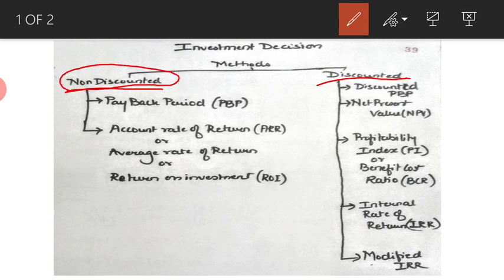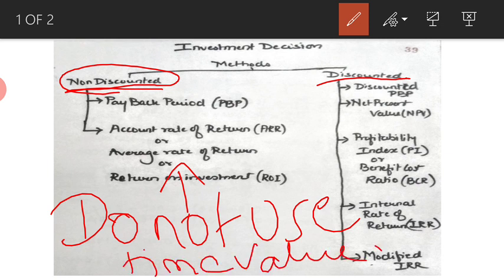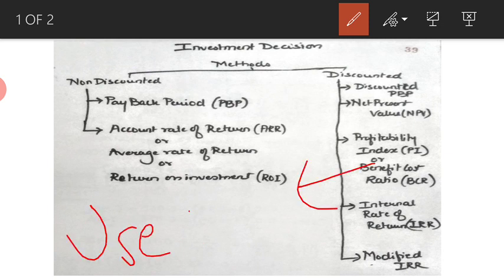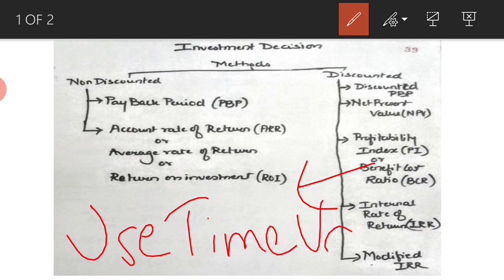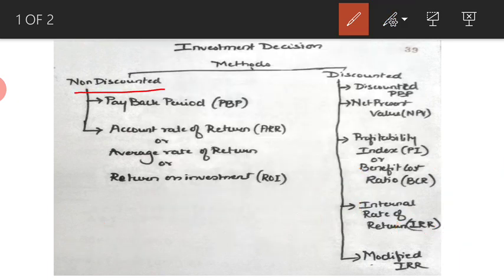Non-discounted methods, or the traditional methods, are the methods which do not use the time value of money. Whereas the discounted methods use the concept of time value of money. So this is the basic difference between non-discounted methods and discounted methods, also called traditional methods and modern methods.